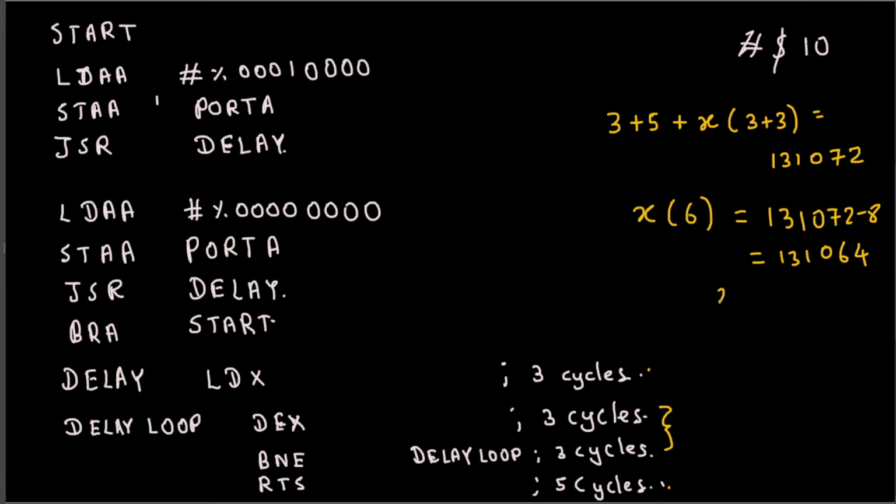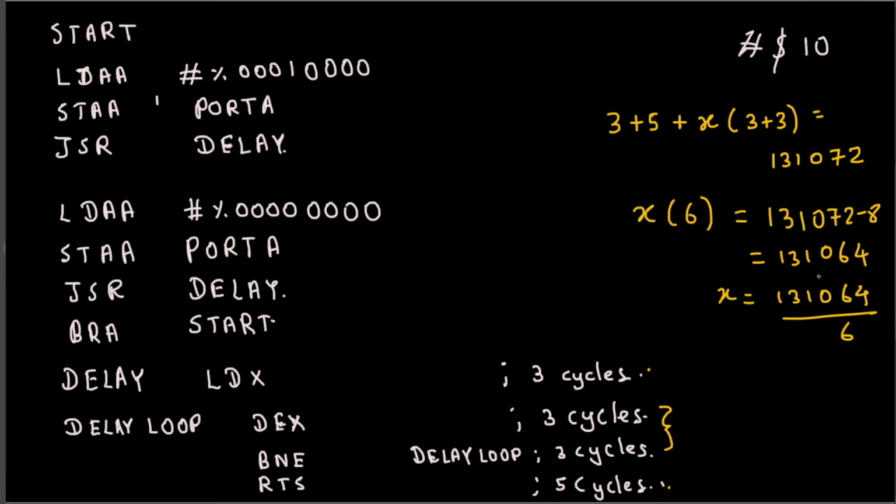Then to find out X, I divide this by 6. 131,064 divided by 6. Let's use a calculator. That gives me 21,844.